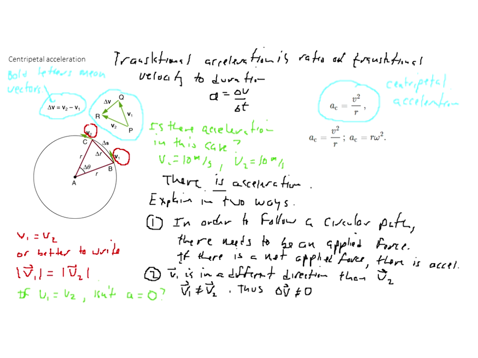So the centripetal acceleration is v squared over r. Again, you can read the OpenStax College Physics book and see the derivation. I don't want to spend time on that.